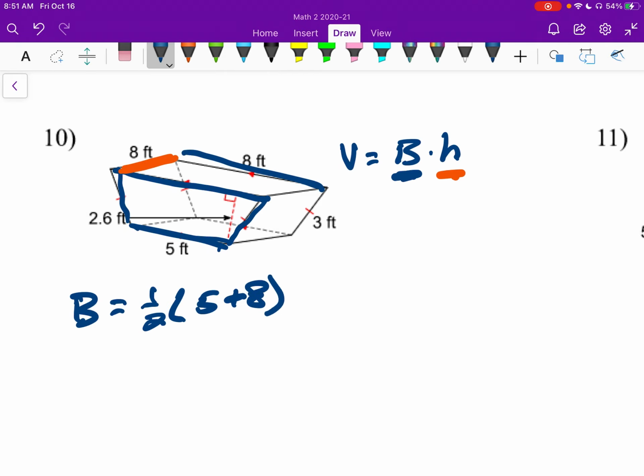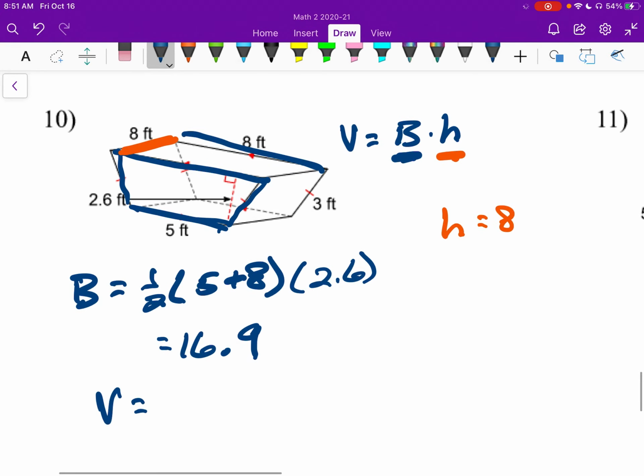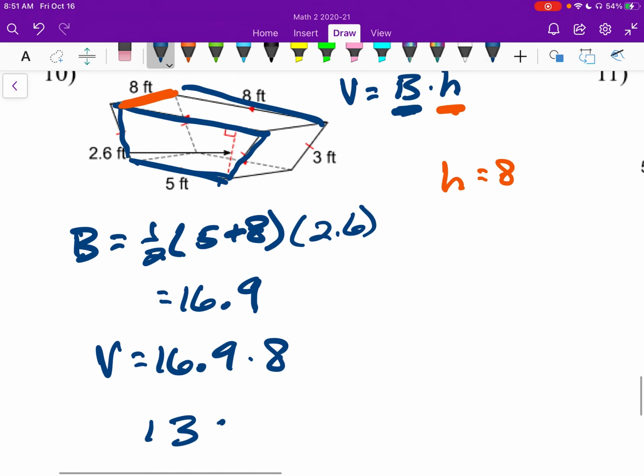Now the height of my trapezoid is 2.6. So I'm going to do 5 plus 8 divided by 2 times 2.6, and I got 16.9. And I already said my height is 8, so my volume is going to be 16.9 times 8, which gives me 135.2. We're talking about feet, and they are cubed.